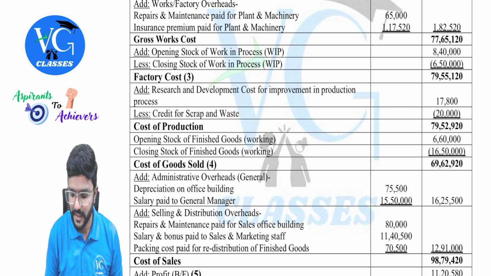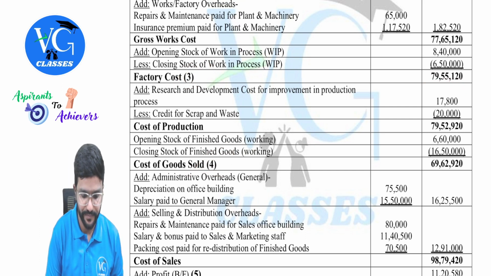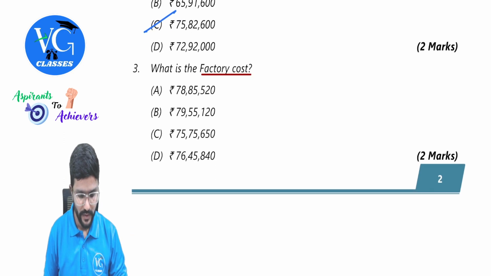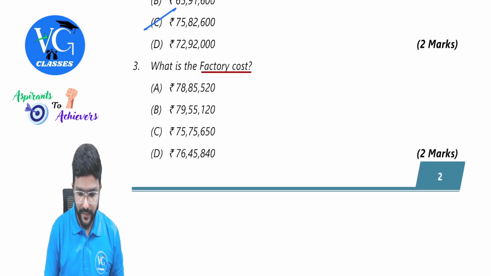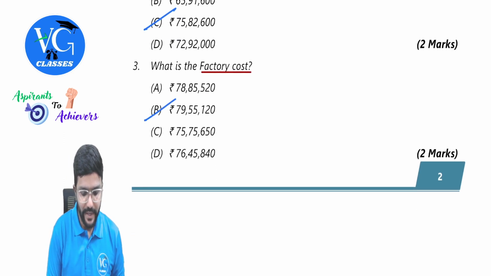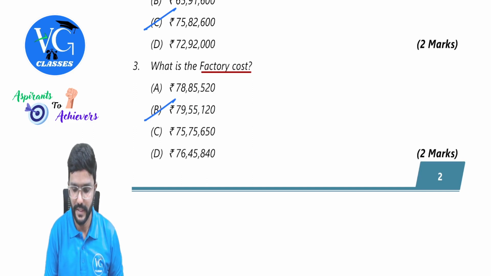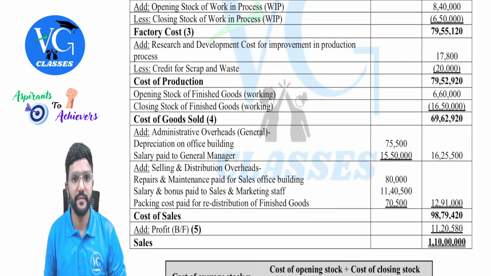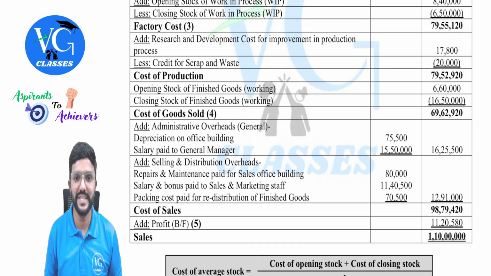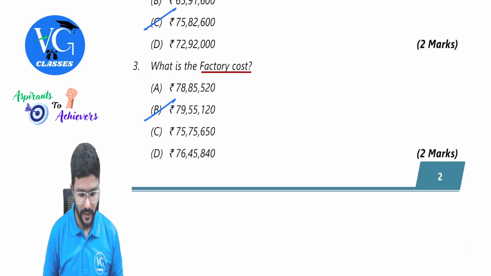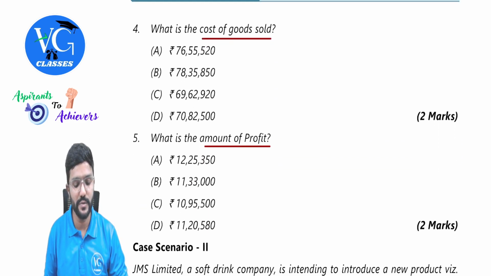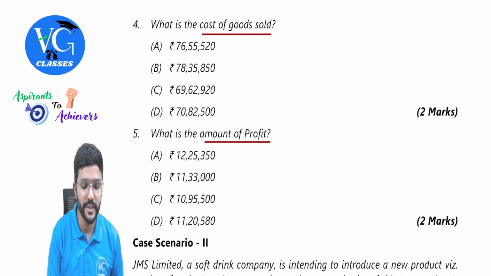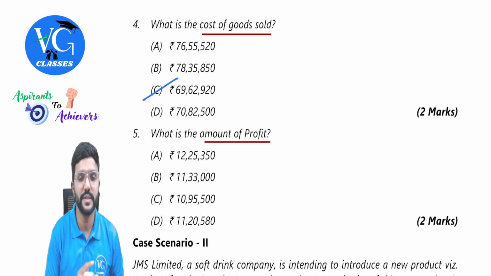Yeah, we'll just mark this 75,55,120. Option B. Yes. Next, we have calculated cost of goods sold. How much is that? 69,62,920. Option C, guys. Option C.